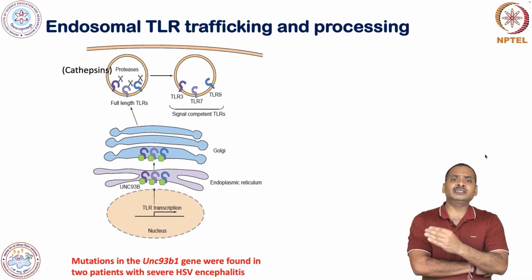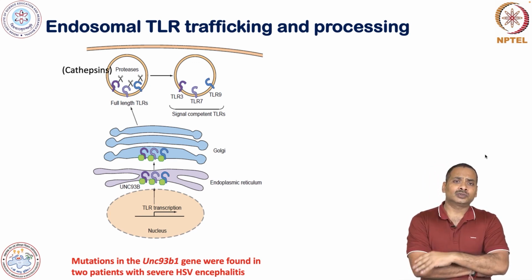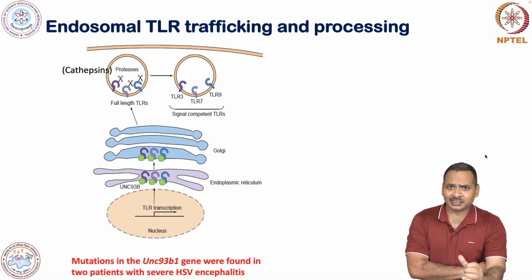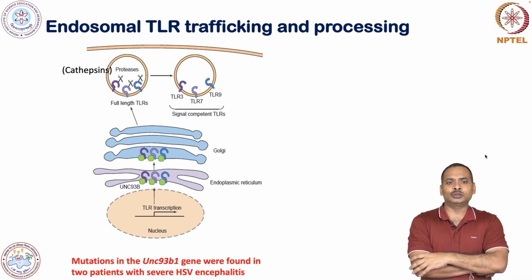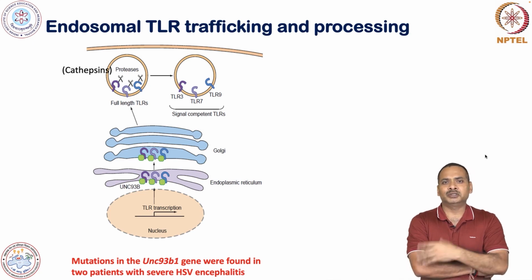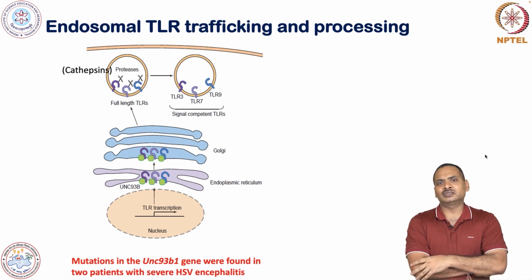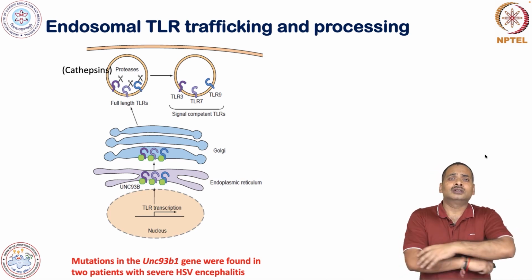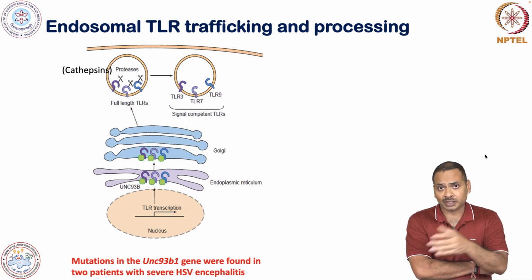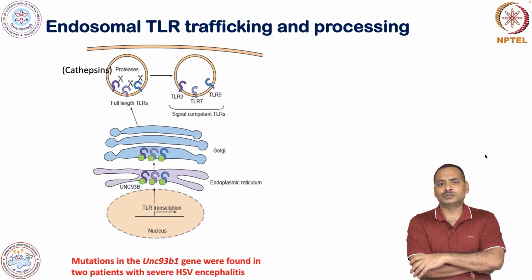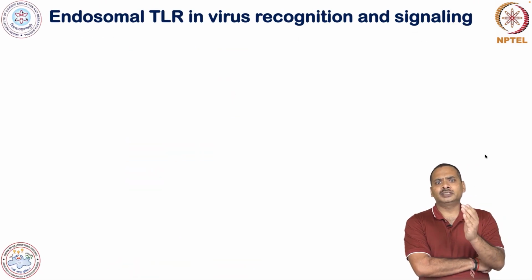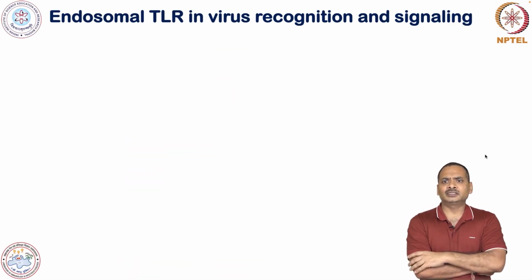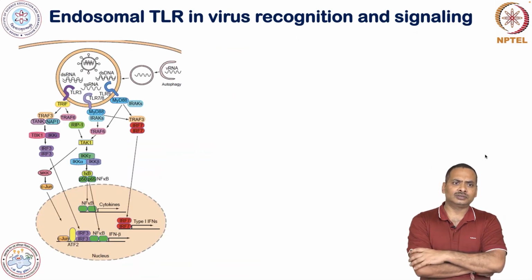And this severe infection is quite complicated to control. There are only 2 patients so far that we know of, maybe more will be found, and a mutation in this gene will hamper all TLRs that are translocated into the endolysosome.